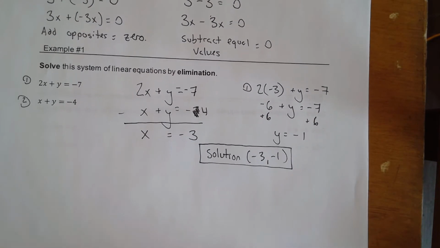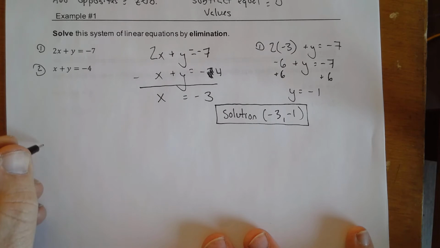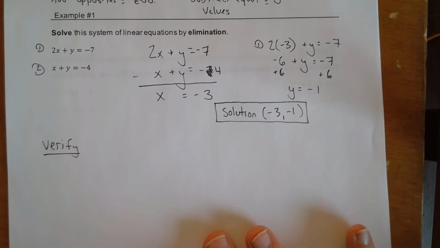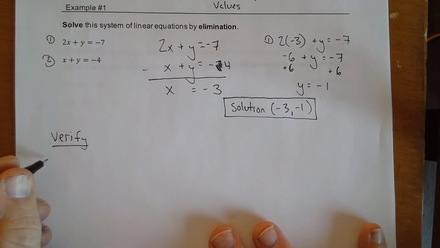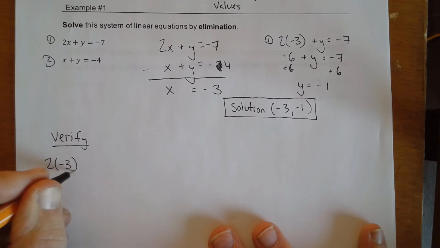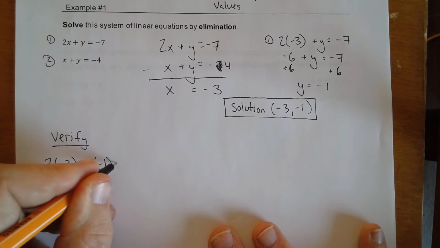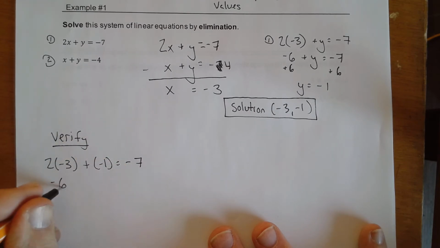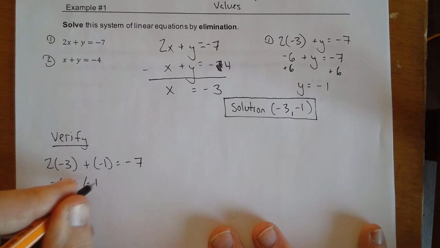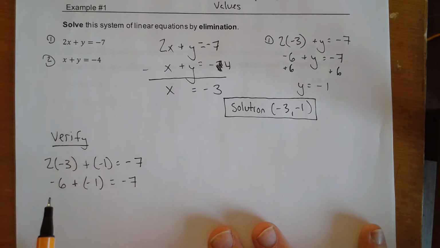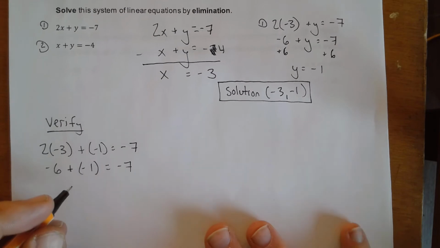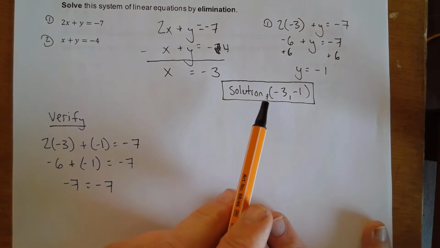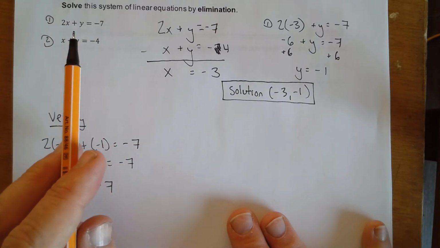I want to verify that really quick, just to make sure that I've done this correctly. In the first equation, I have 2 times -3 plus -1 equals -7. 2 times -3 is -6, and -6 plus -1 is -7. So my solution worked for the first equation.